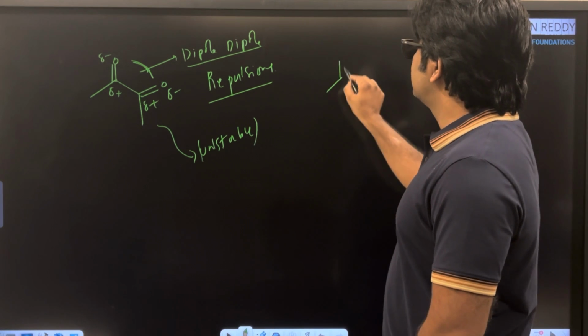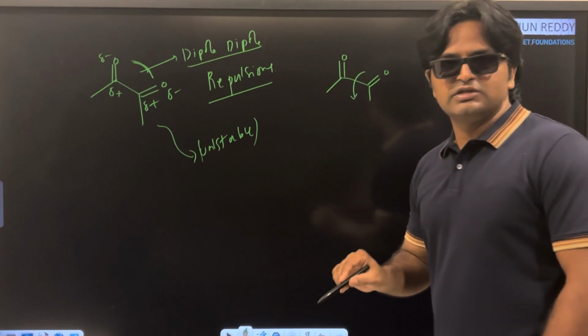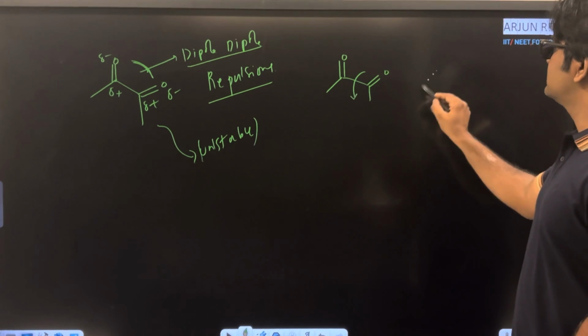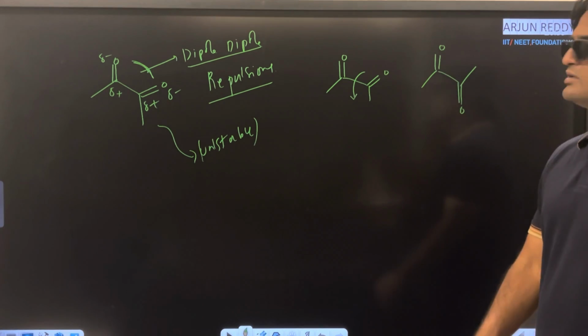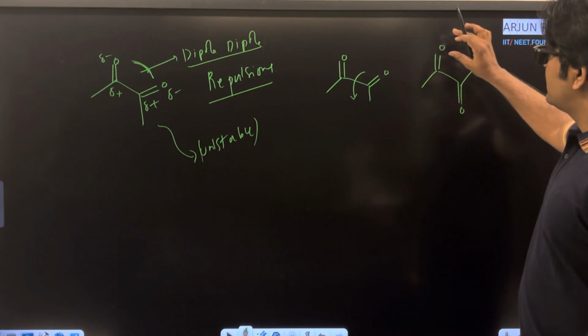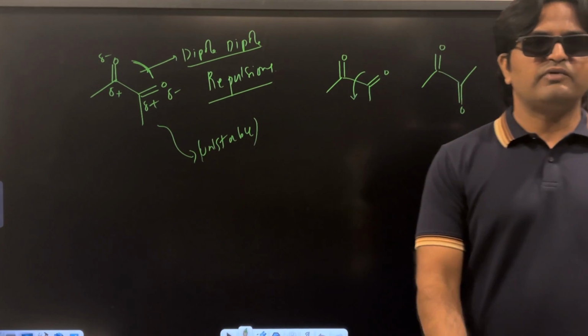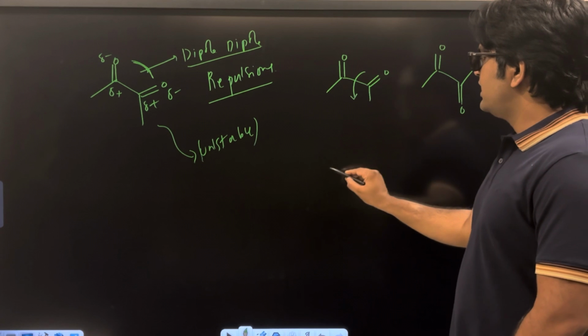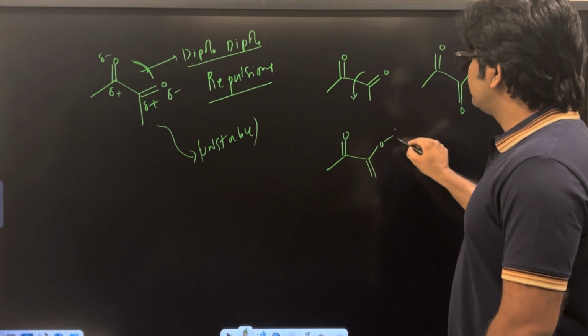Here two options are there. Now we can apply CC bond rotation. There is a chance for CC bond rotation. After CC bond rotation, your molecule orientation is like this. So once one carbonyl is upward and one carbonyl downward, simply your molecule is escaping from dipole repulsions. And what is the second possibility? You can write the enol form, like this.